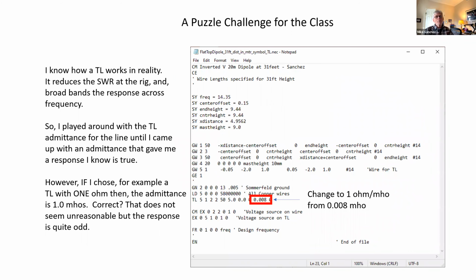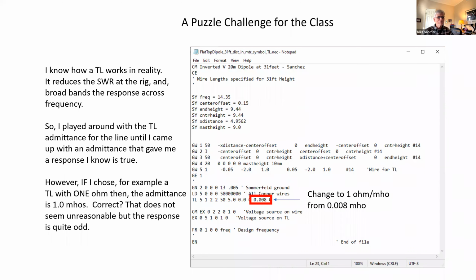Okay, now I have a puzzle for you guys. There's a lot of people out there who know a lot more about electronics than I do, and electricity and electrical engineering. So when I came up with this transmission line, I knew, and I apologize for my voice, that a transmission line lowers the SWR and it broadbands the response.